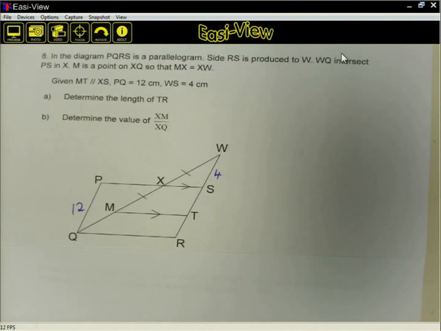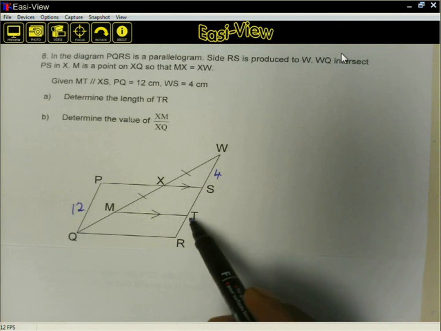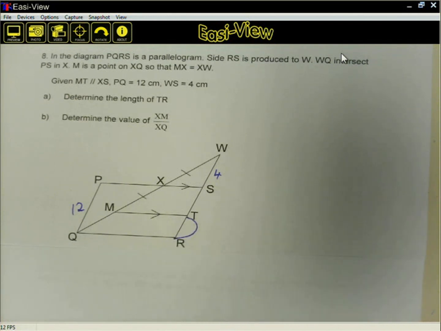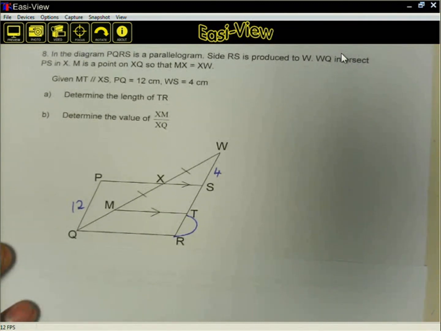Number A, determine the length of TR. Here is TR. We want the length of this TR based on the given information. I think this is simple arithmetic. Look at this diagram.